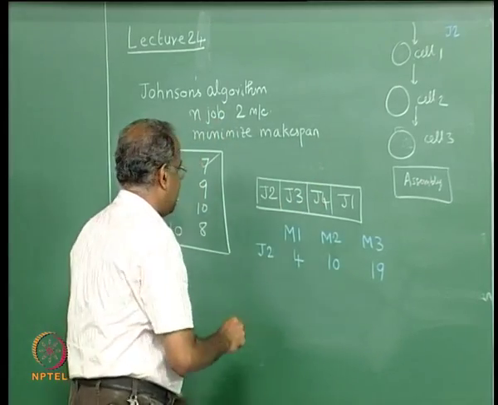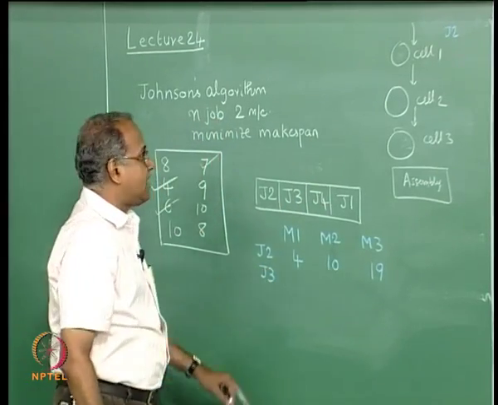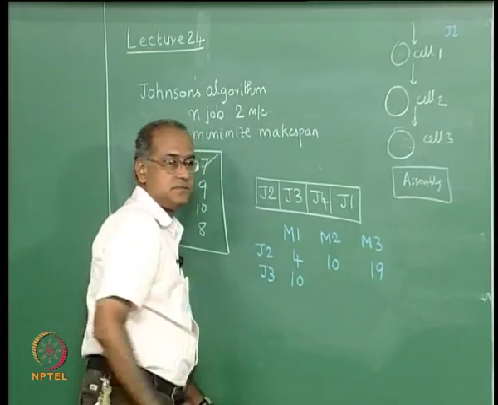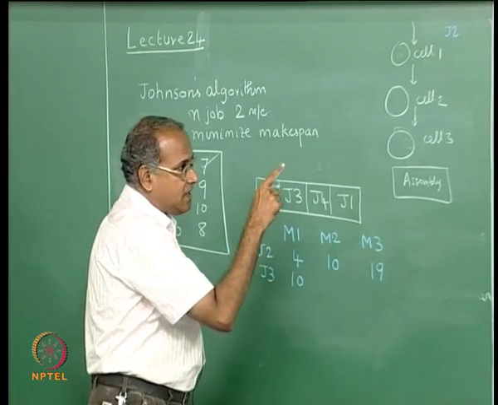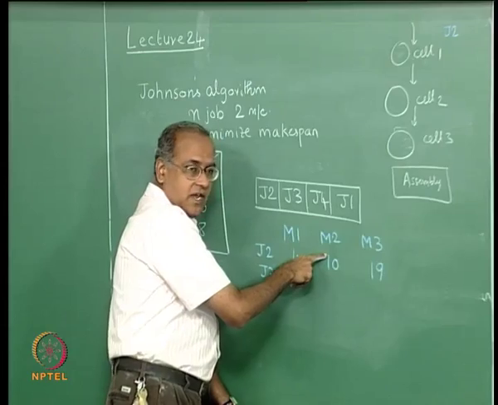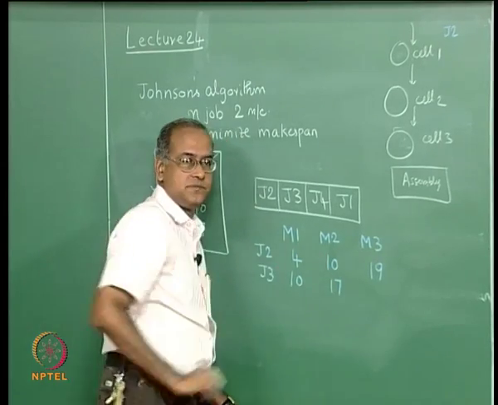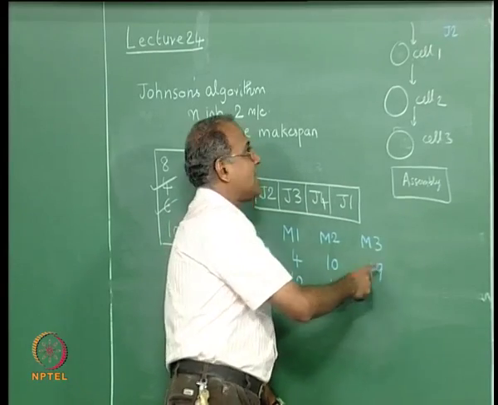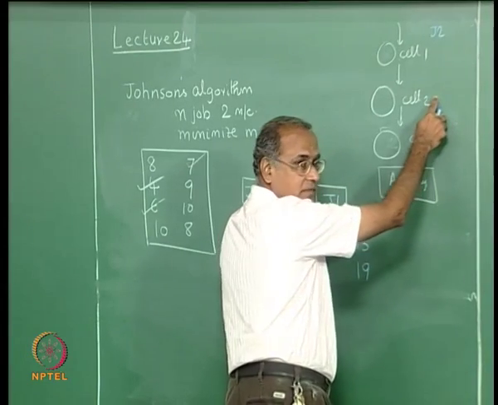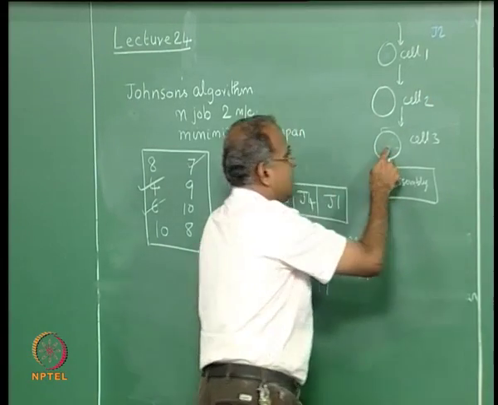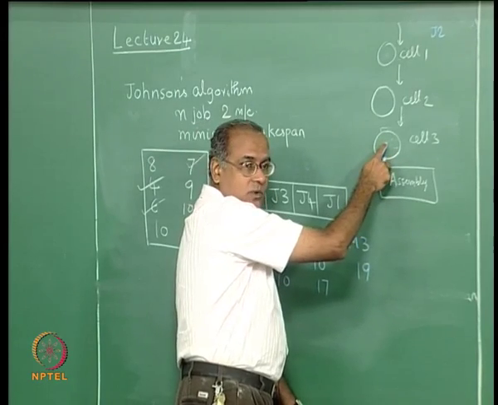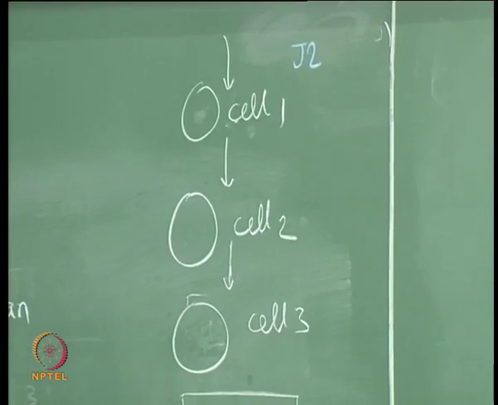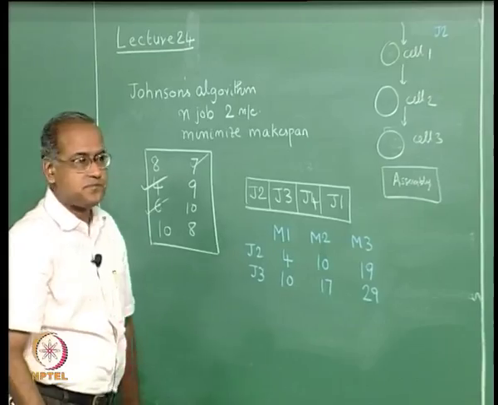The next one is J3. J3 enters here at 4, plus another 6, so 10. J3's second processing time is 7, so at 10 this is free, so 10 plus 7, 17. So, this finishes at 17, but this was busy till 19. This is like saying J3 has come here at 17, but this one is still working on J2 till 19. So, J3 can get into this only at 19, takes another 10 and finishes at 29.